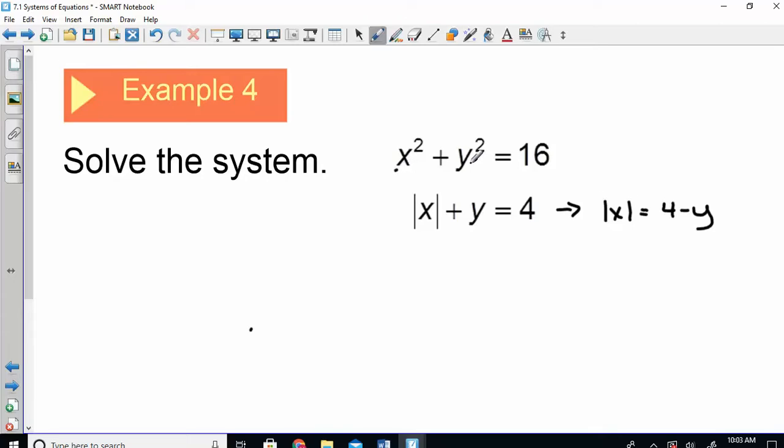If you think about the other equation, we're going to square. When you square, it becomes positive. So we really don't have to worry about the absolute value. It's just going to make it positive, but because we're plugging it into an equation where everything's squared, that takes care of it. So I'm just going to substitute this into the first one. So I'm going to replace this x with what my absolute value of x is, the 4 minus y.